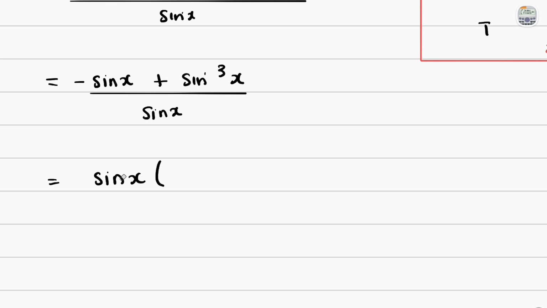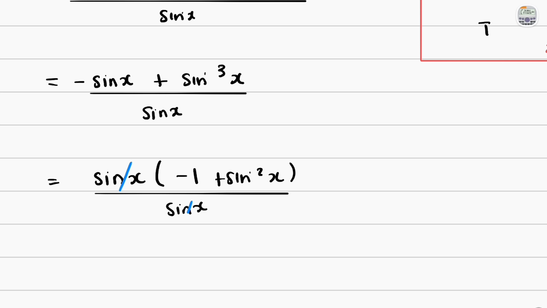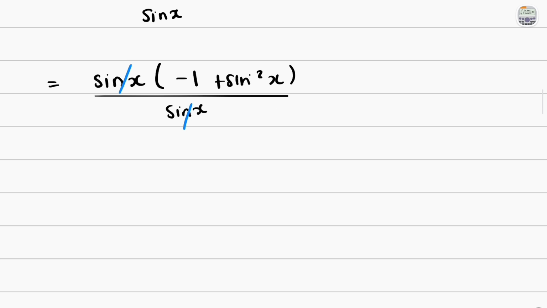If you say negative sine x divided by sine x, you simply get negative 1. And here, if you say sine cubed x divided by sine x, you get positive sine squared x all over sine x. And we can see that they will both cancel in the numerator and denominator. And so now we are simply left with negative 1 plus sine squared x.